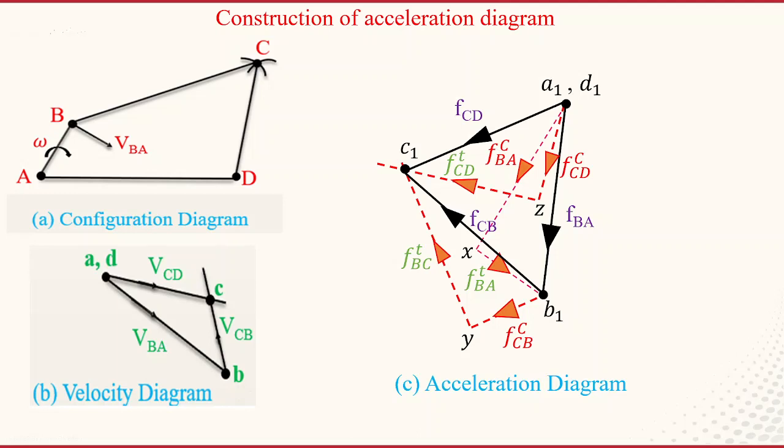Measure the distance between C1 and D1, which gives the acceleration of C with respect to D. After measuring, multiply by whatever scale you took for constructing the acceleration diagram, and that gives the acceleration of point C. I hope all of you understand how to construct the acceleration diagram.